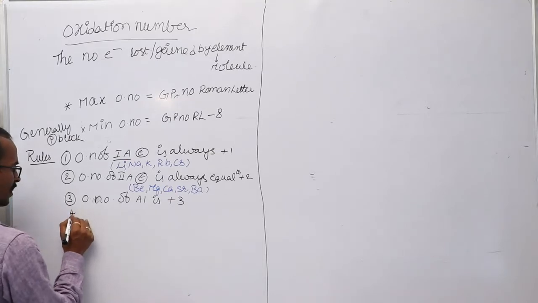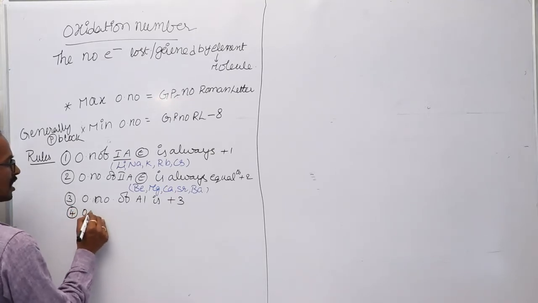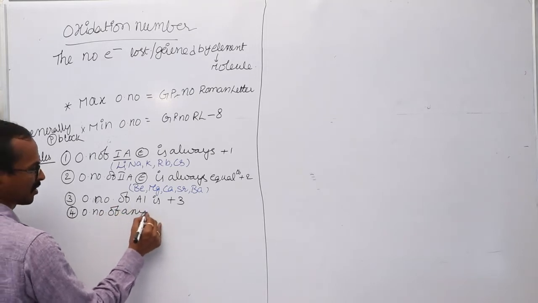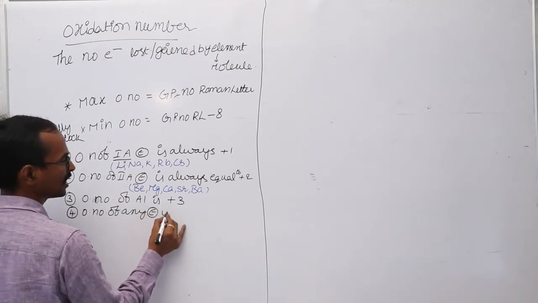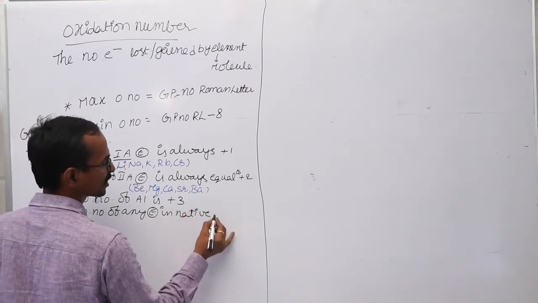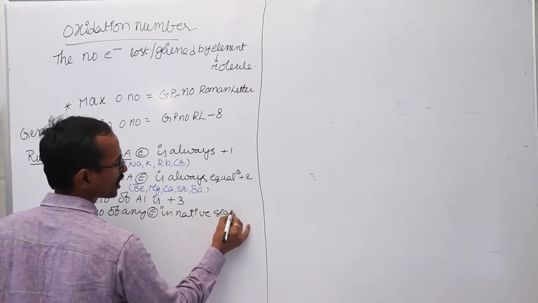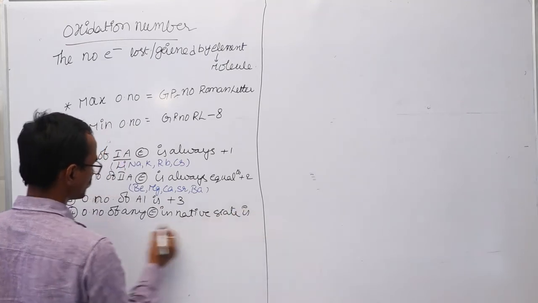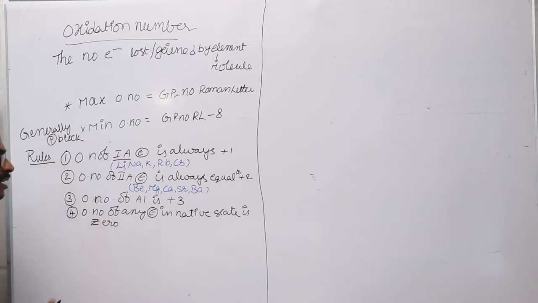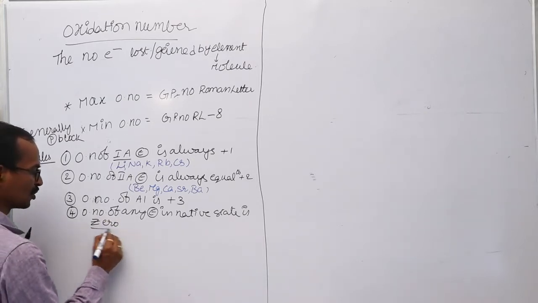Next, the oxidation number of any element in native state is 0.